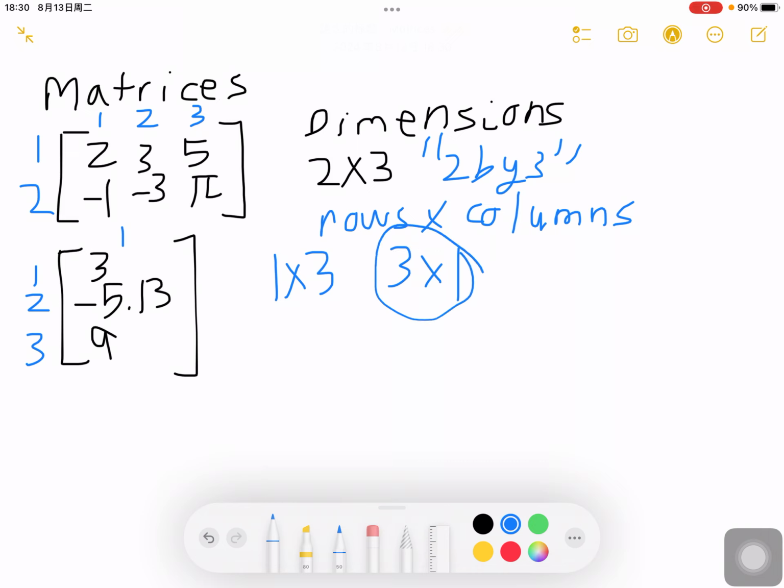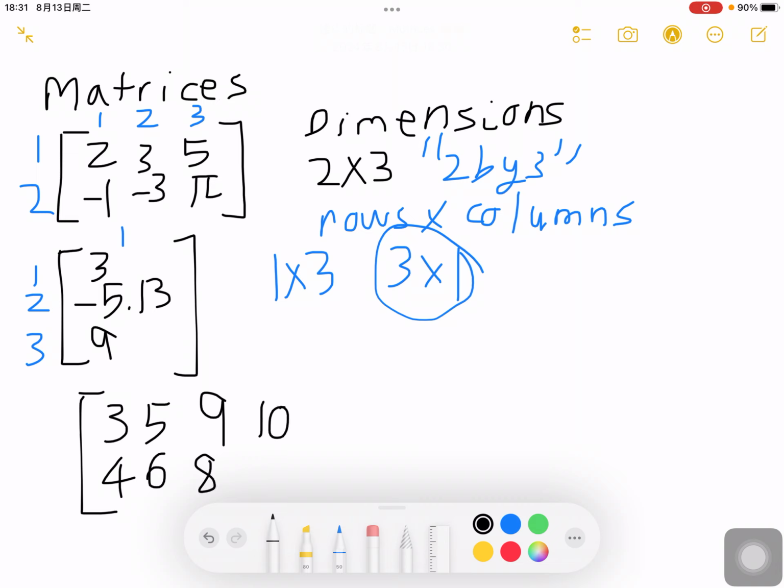So let's try another example. Let's say I had the matrix 3, 5, 9, 4, 6, 8, and maybe I'll add another column here. 10, -100, or maybe -1001.